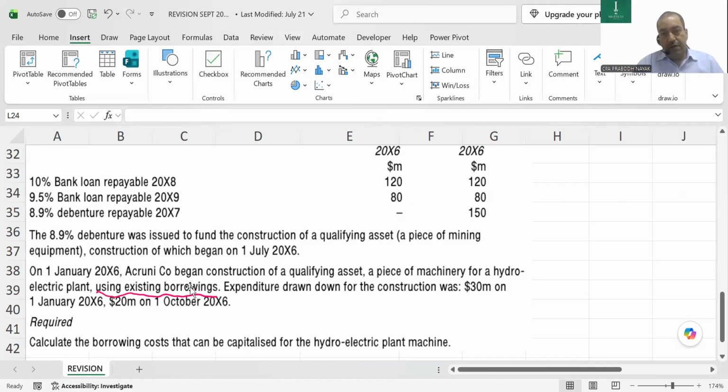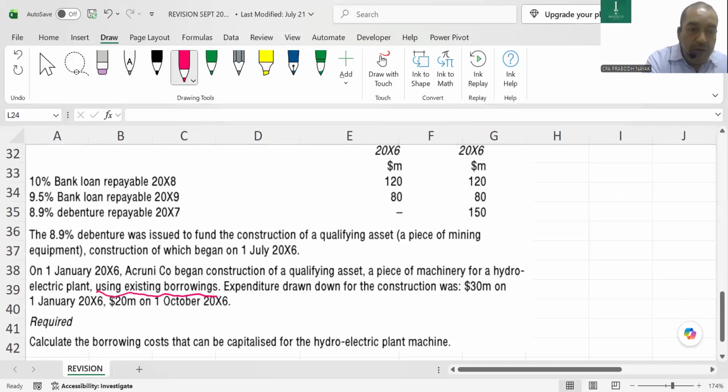It is big. Solution is very small. The problem is tricky. Expenditure, you can see that I've underlined this, using existing borrowings. One more thing I want to underline here, in addition to that, is on 1st January 20x6, began construction of qualifying asset.